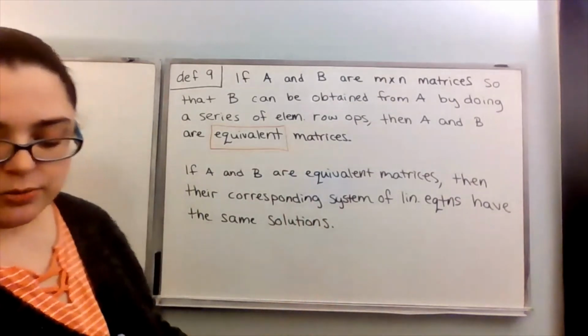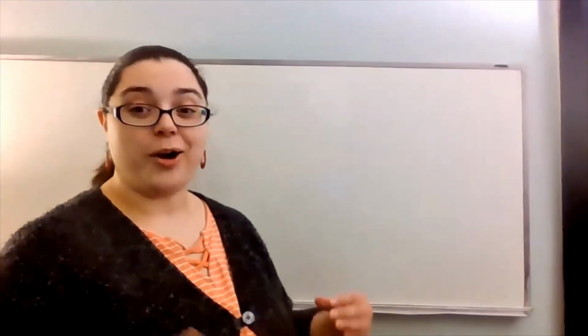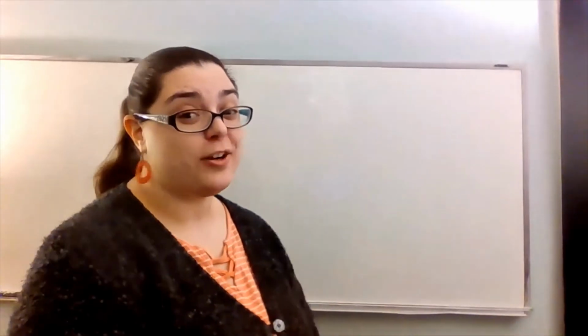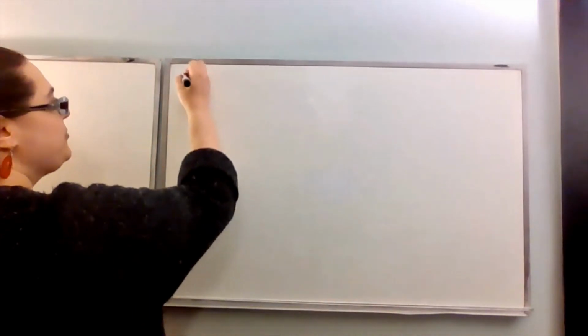So from this, we're going to end up with a theorem to close out today. Are we ready? This is our very first theorem of the semester. Isn't that exciting? Okay, so theorem 1.